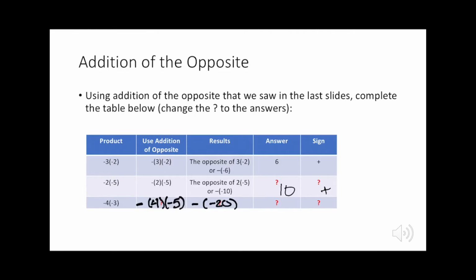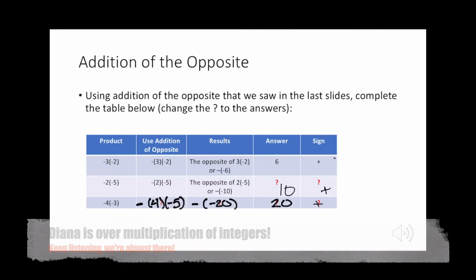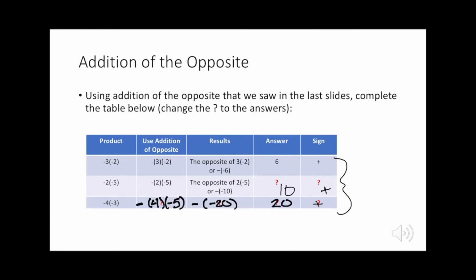So the opposite of negative 12, what would be on the other side of the number line, would be positive 12. Are you done? Not yet. So if it's positive, notice what happens every time we have a negative.